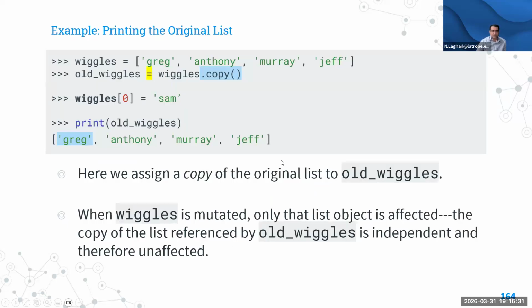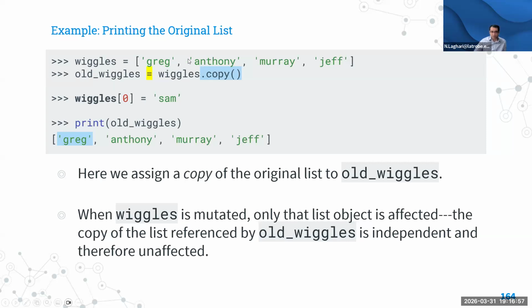Let's see another example. Now old Wiggles is a copy of Wiggles. In this case, we also change the first item, Wiggles 0, to Sam. When we print old Wiggles this time, only Wiggles has changed. The old Wiggles is still Greg, right?